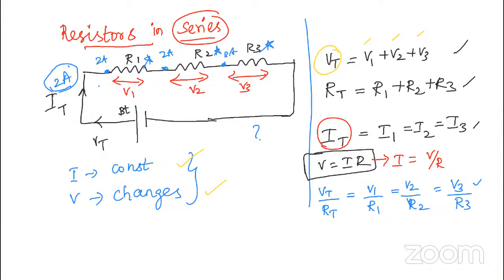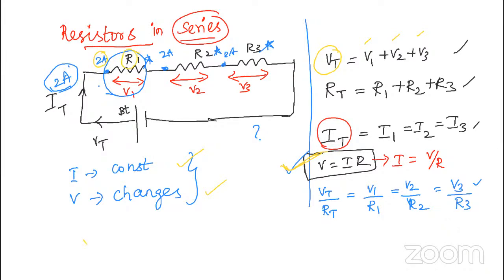So according to Ohm's law, we know it is I into R. If they ask what the potential value is at a particular location, we can use Ohm's law equation, that is V is equal to I into R: the current flowing into that particular resistance value.